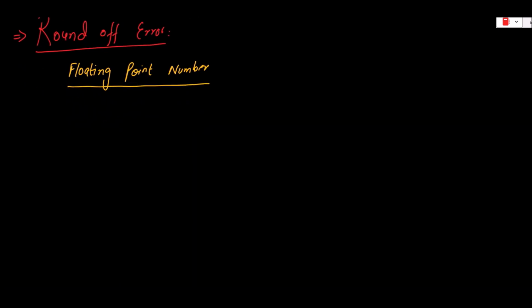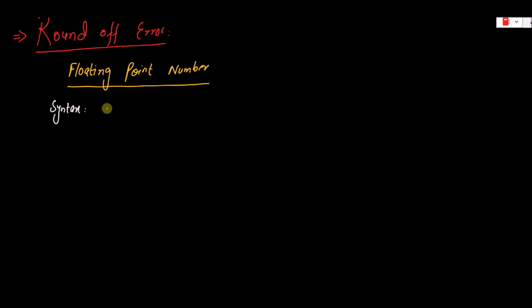Floating point numbers are basically used when we come up with very small numbers or very big numbers. So first of all, we see the syntax of a floating point number.